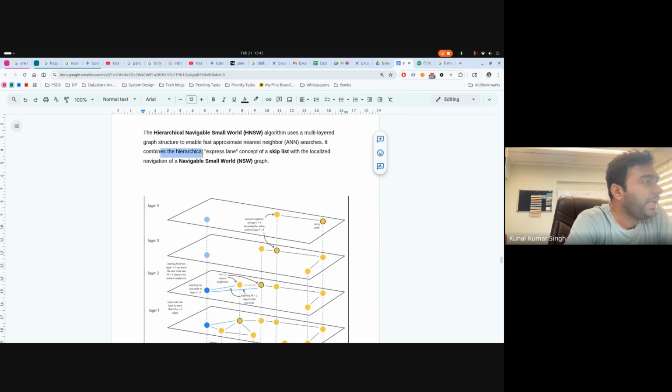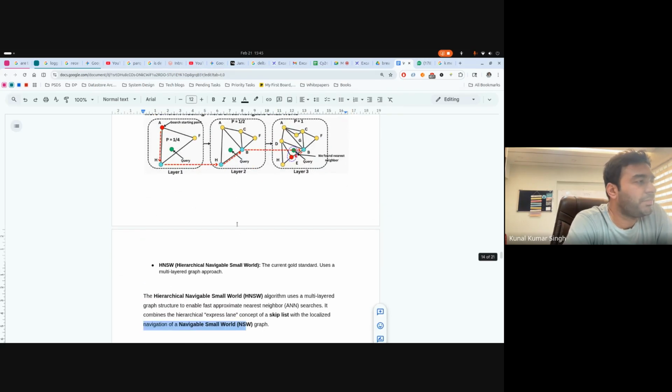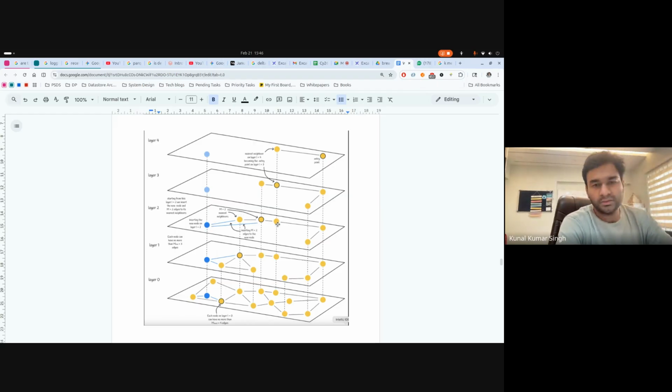So it combines the hierarchical express lane concept of skip list with a localized navigation of navigable small world. So ये दोनों skip list और इसको navigable small world, so NSW दोनों को use करके this is a new index which has been created, right? तो ये वाला I think I'll just try to zoom in here. I will discuss this diagram.